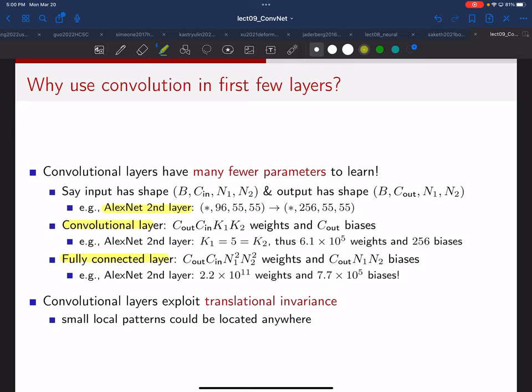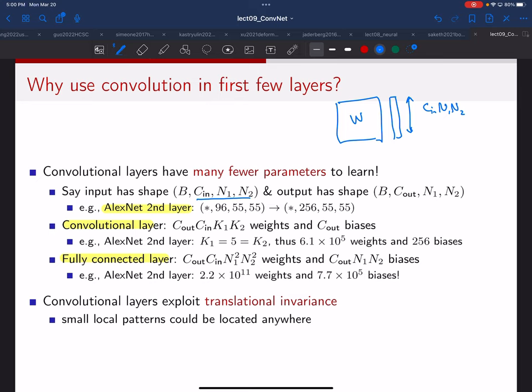Now, the way to think about that is you have to flatten everything. So essentially, this is like a matrix multiply. The number of coefficients at the input is going to be this: for every batch element, I'm going to have C in times N1 times N2 different elements that I need to put through my dense layer.